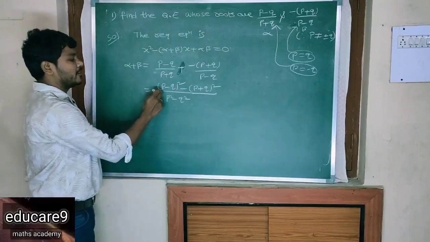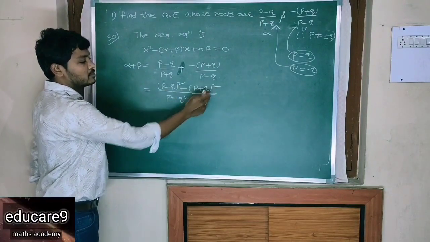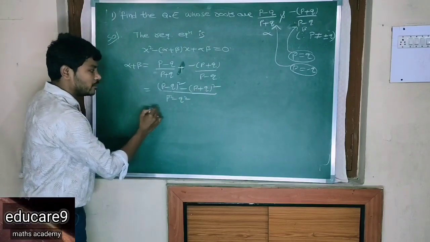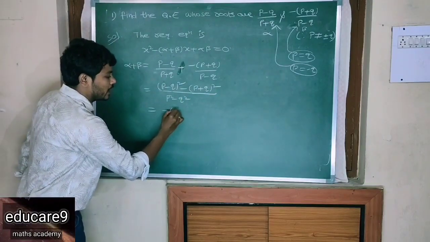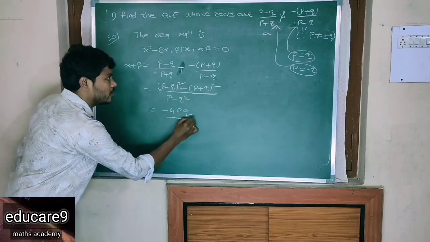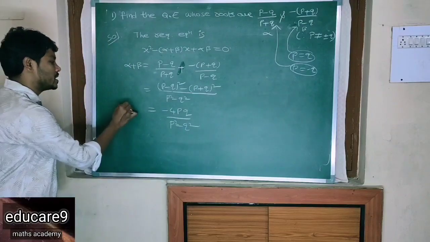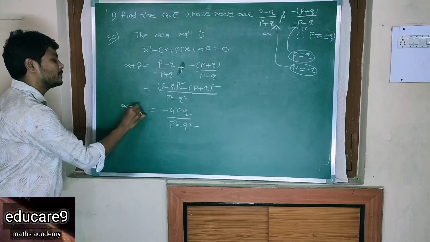Now it is in the form of (A minus B) whole square minus (A plus B) whole square. So this can be written as minus 4AB, that is minus 4PQ. So divided by P square minus Q square. So this is the sum of the roots.